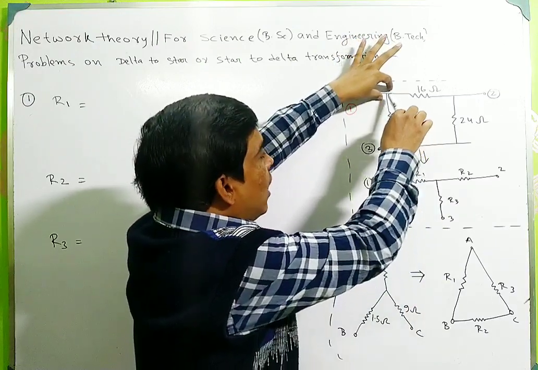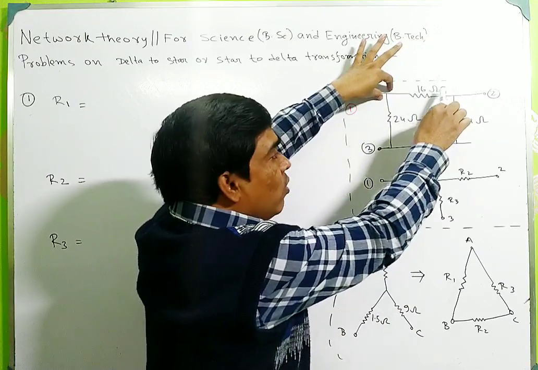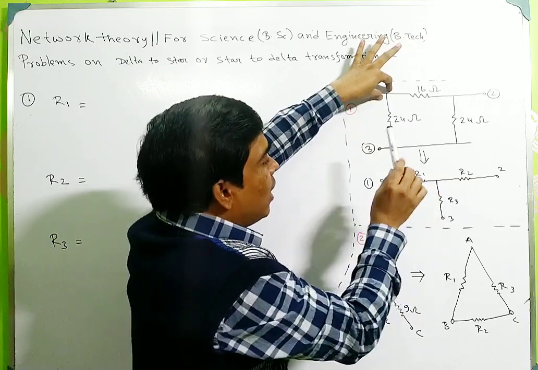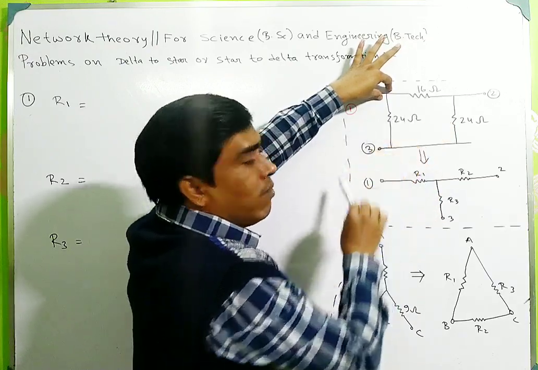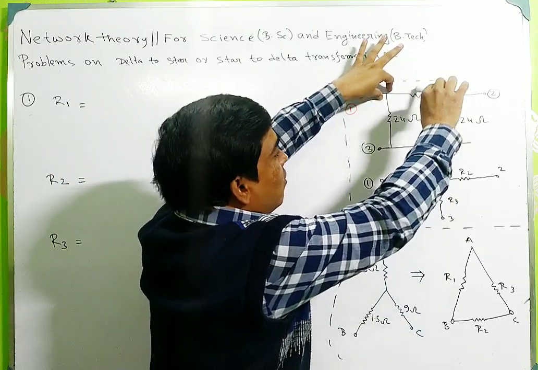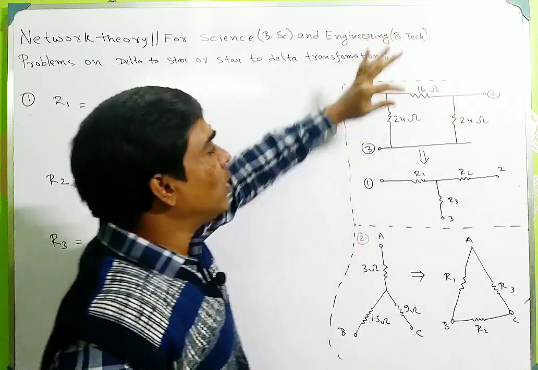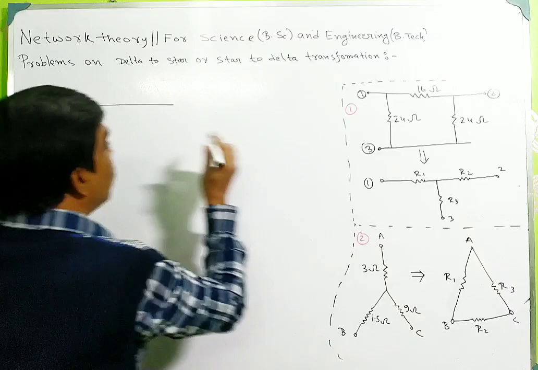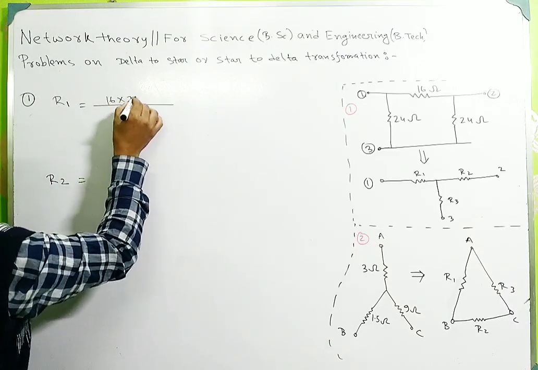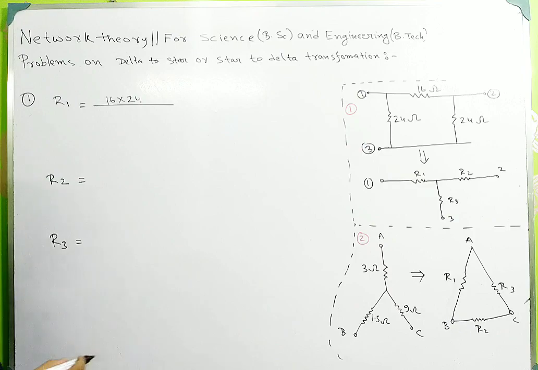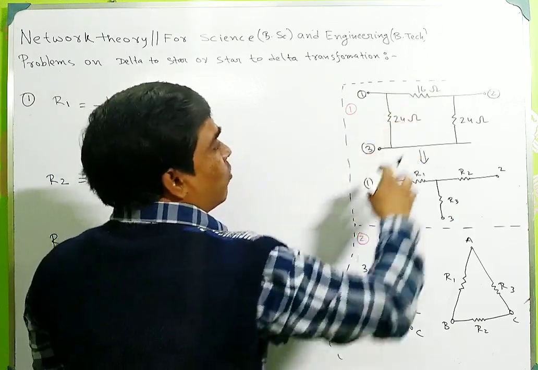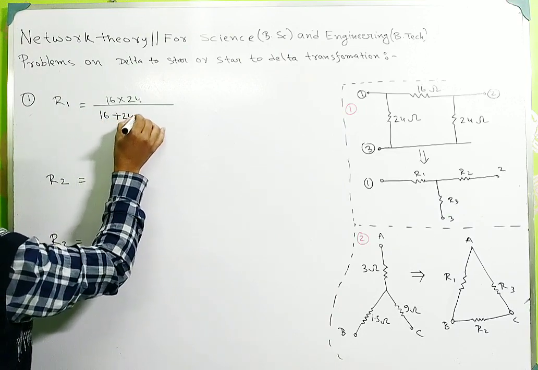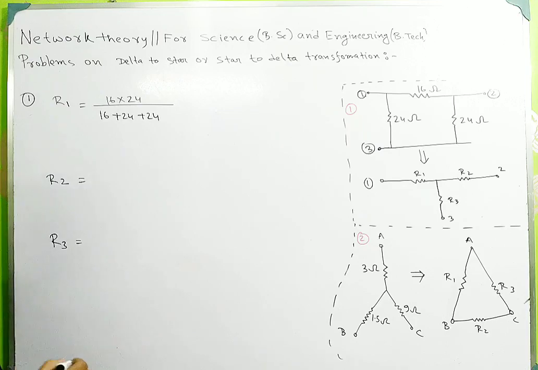This node's resistances are 24 and 16. So what will be R1? R1 will be the product of these two resistances divided by the summation of these three resistances. So it will be 16 multiplied by 24, divided by the sum of the three resistances, 16 plus 24 plus 24.